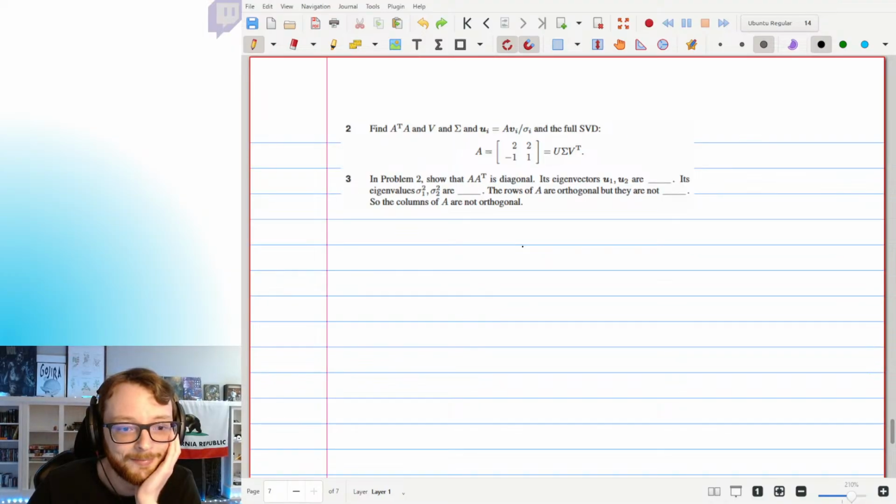If there's a systematic way of doing it, I don't think the book really said it, or I didn't read it closely enough, which is another strong possibility. But let's just push through this. So we need to find A transpose A.